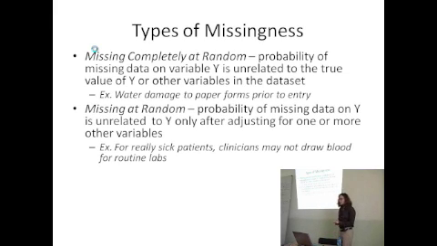So then we have missing at random. This is where the probability of missing data on variable y is unrelated to y only after you adjust for some other variable. Another way to look at this is to say that the missingness on variable y is related to other variables. For example, sometimes if a patient is really sick, a clinician may not draw blood for routine labs or for study-specific labs because the patient is just too sick to give blood that day.